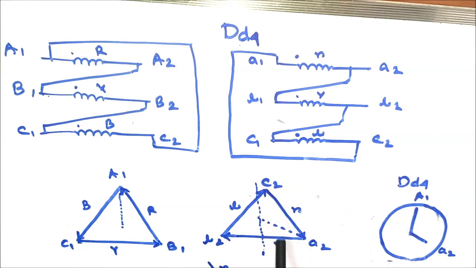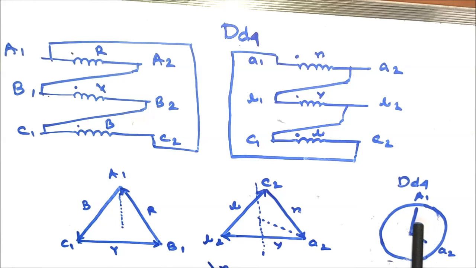If I draw the virtual neutral and draw a vertical line, it will be at 12 o'clock in the clock rotation. Again extending it downwards, it will be at 6 o'clock. From the virtual neutral, if I draw the straight line towards the A2 terminal, that is the red phase connection terminal, it will be at 4 o'clock in the clock rotation.